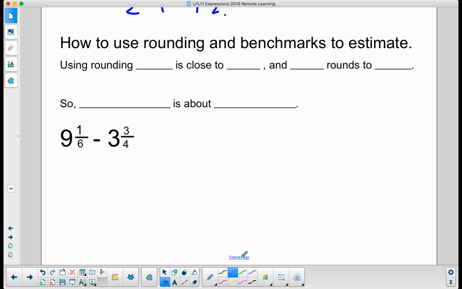Let's take a look at using benchmarks with subtraction.